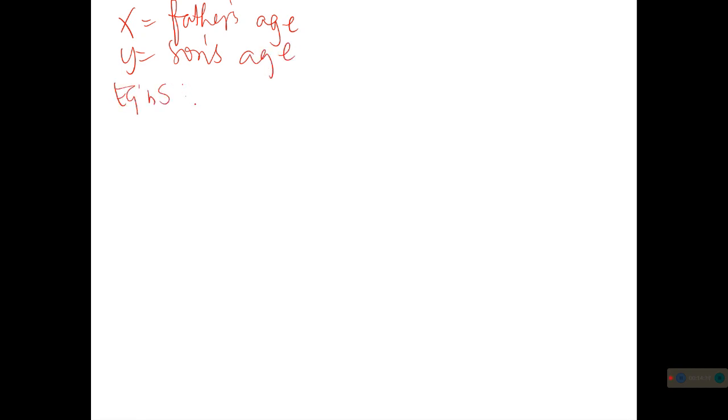So, for our representation, our x will be, okay, where is my pen? Okay, so we have here, our x will be father's age, and our y will be son's age. Okay. For our equation, we have, okay, the sum of the ages of the father and son is 48.